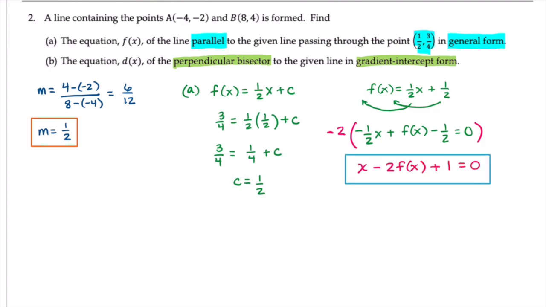Okay, so for part A, first thing we did was find the slope. We know that we are dealing with parallel lines, meaning they have the same slope. I plugged in the information as I knew it in my slope-intercept form. I substituted the given point, which was x being a half and y being 3/4. I solved for my y-intercept, which I found to be a half.